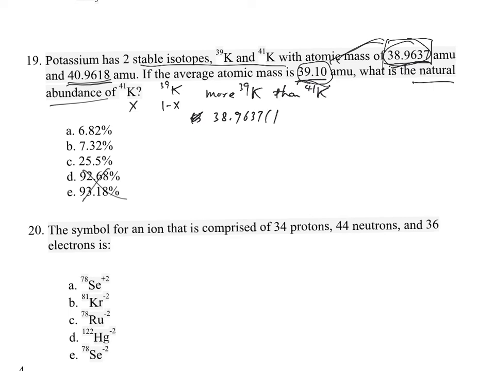All right, so your setup should be simple. 38.9637 times (1 minus X) plus 40.9618 times X should equal 39.10.